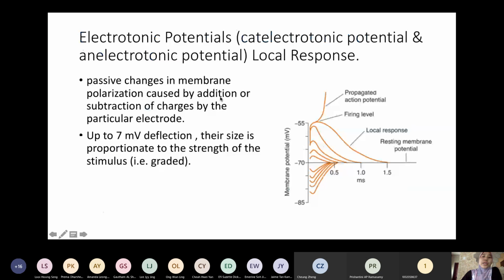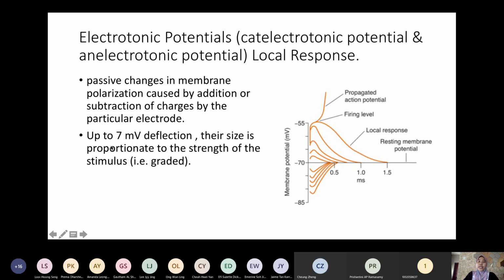Okay, so electrotonic potentials are catelectrotonic potentials and anelectrotonic potentials. These are either the positive potentials or the negative. Okay, so cat is actually cathode, which shows a positive electrode. So an is anode, which is the negative electrode, of the local response. So it's actually a passive change in the membrane. Depolarization occurs by either adding a positive electrical current or adding a negative electrical current to the nerve tissue itself.